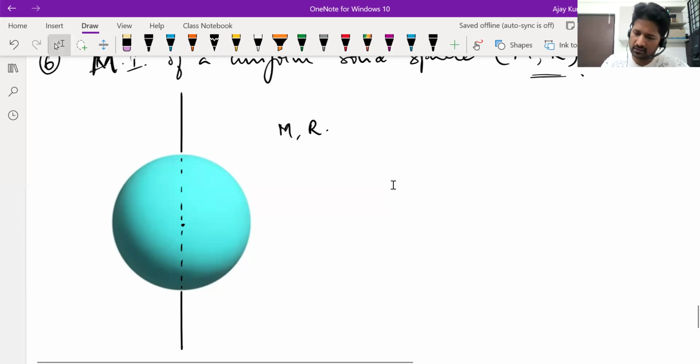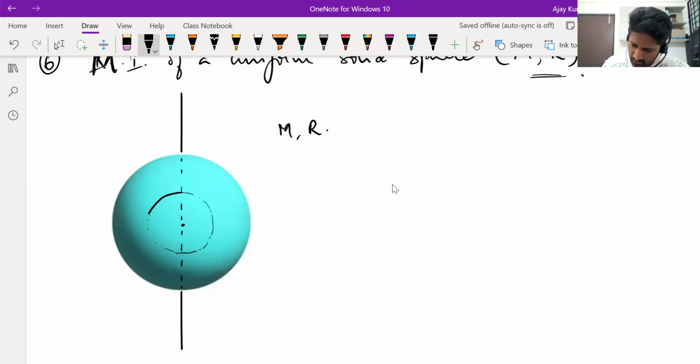Fine. Let's consider a hollow sphere somewhat like this. See, we are looking at it from a side, so the sphere may look like a circle. Consider it as a collection of thick hollow spheres like this.